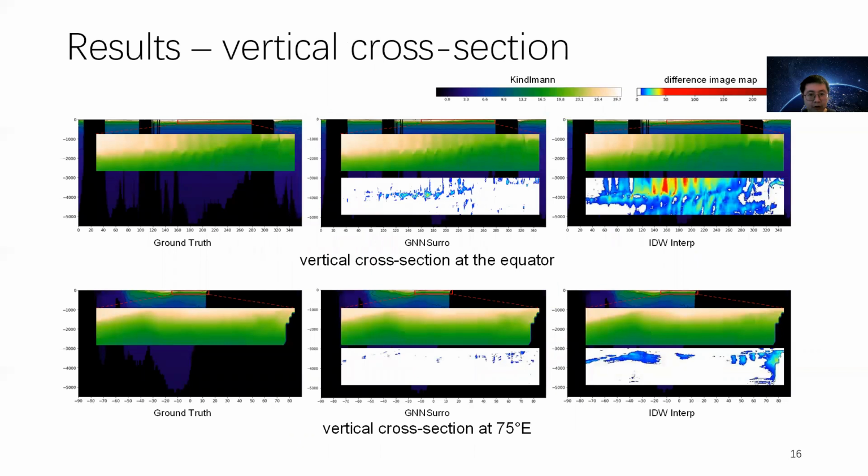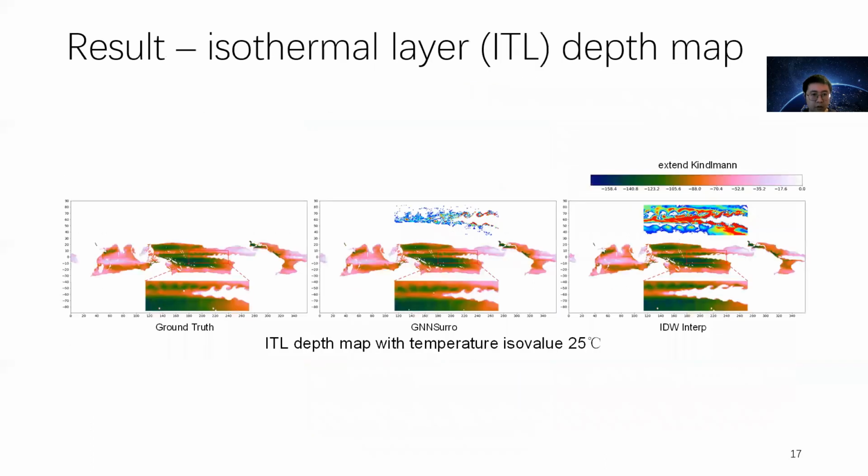Next, we visualize the vertical cross-section temperature maps. Here is the vertical cross-section at the equator and at 75 degrees east longitude. Finally, we visualize the isothermal layer depth maps. Here are the isothermal layer depth maps with temperature ISO value equal to 25 degrees Celsius.